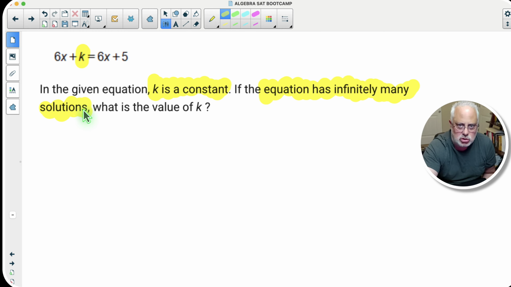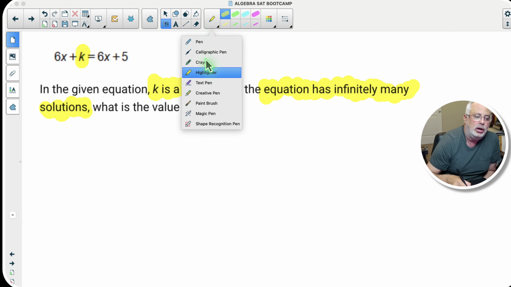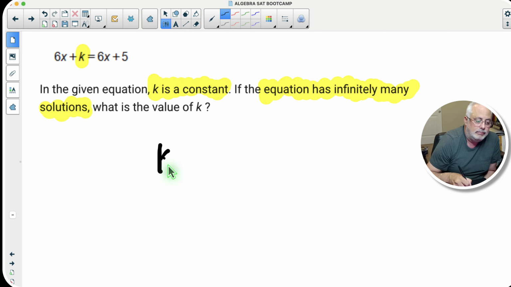And what is the essential here? That when you're learning algebra and you have an equation with infinite solutions, it is because the right side is equal to the left side. The only way here that the right side is equal to the left side is that k, this number here, has to be 5.